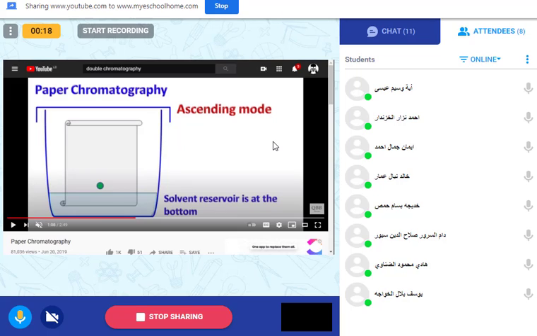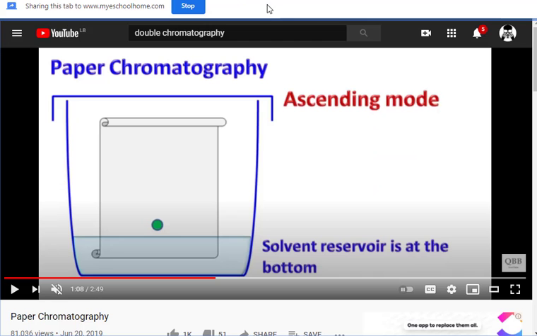So it will remain down. That's why this will be a mistake. The liquid should always be lower than the mixture.